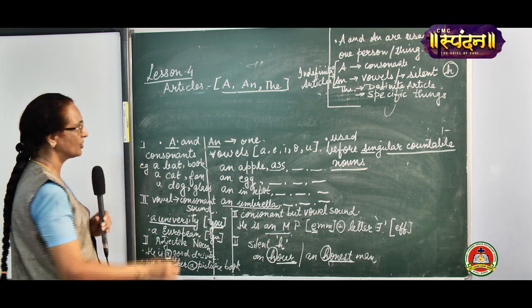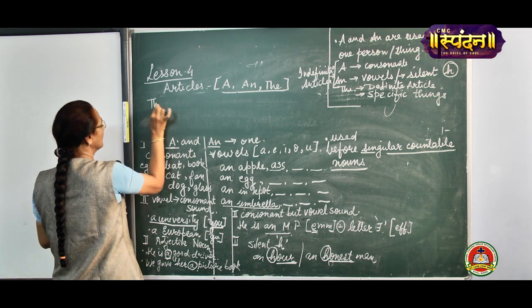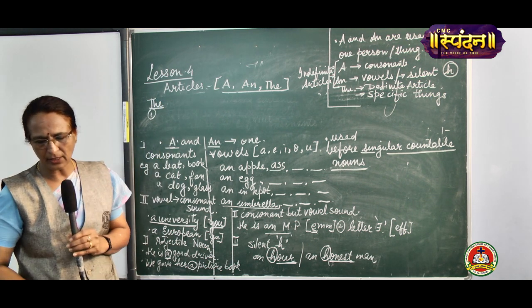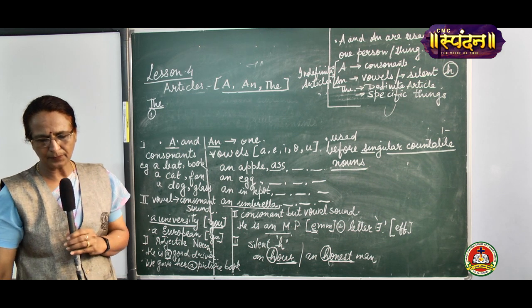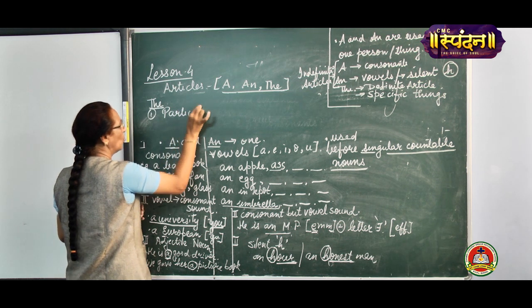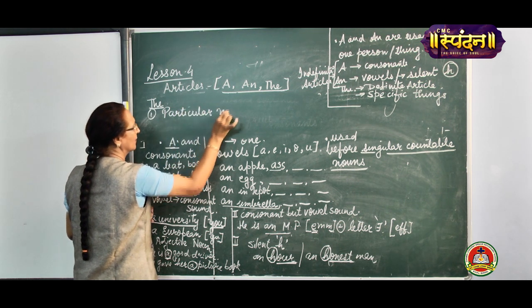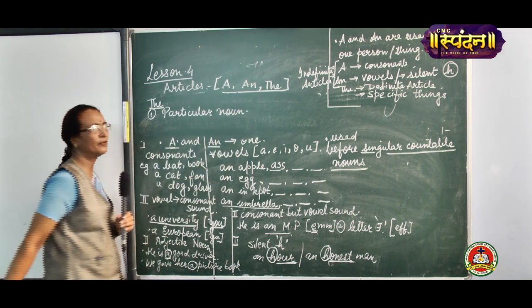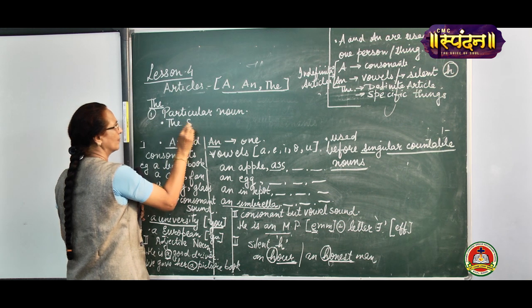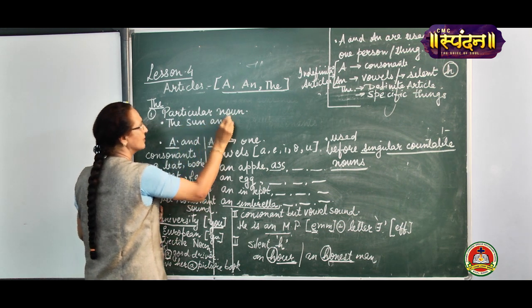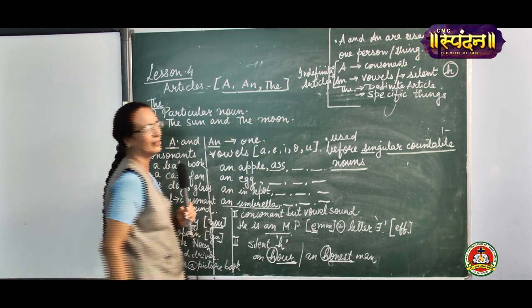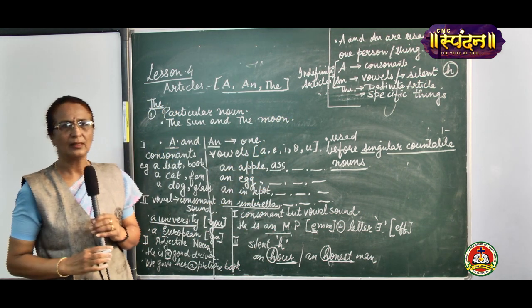When we talk about specific things with the, when we talk about a particular noun, it means one of its kind. If I say the sun and the moon, they are one of its kind. Is that clear?